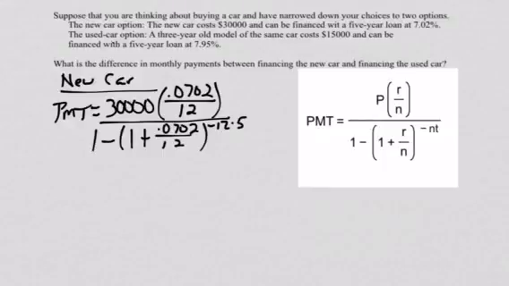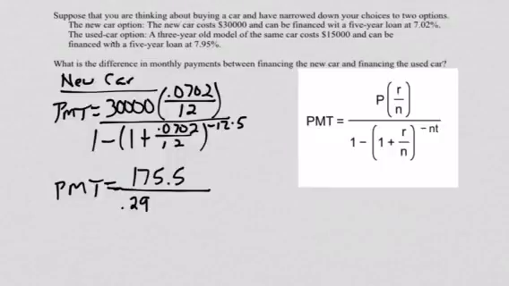Alright, so now when I calculate this together, on the top I'm going to get 175.5. And then on the bottom, when I calculate all that together, I get 0.29529, and we'll just round it up to 6.